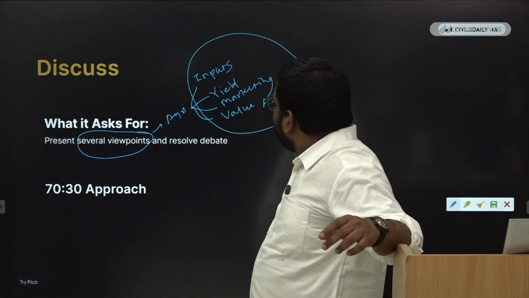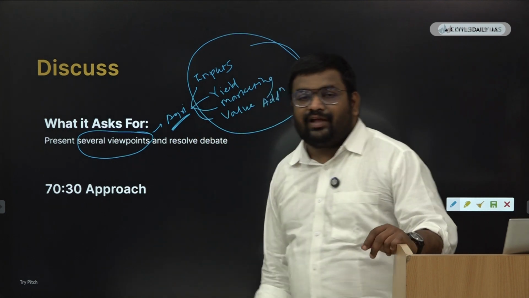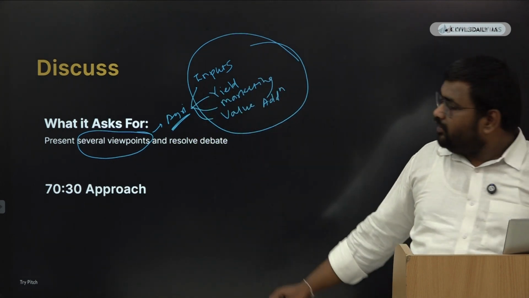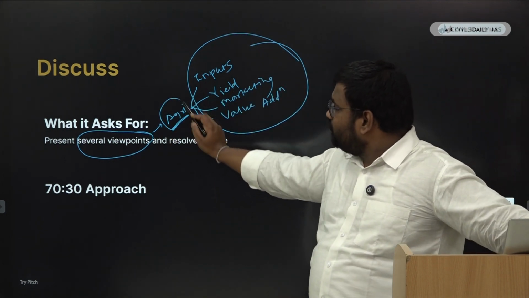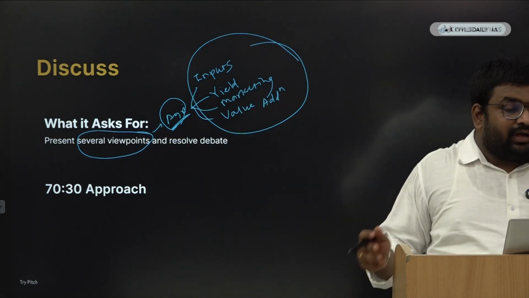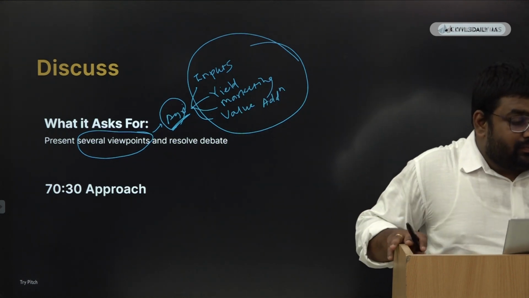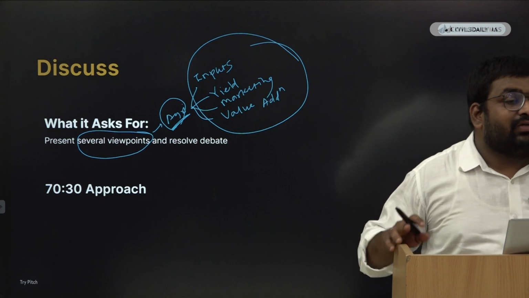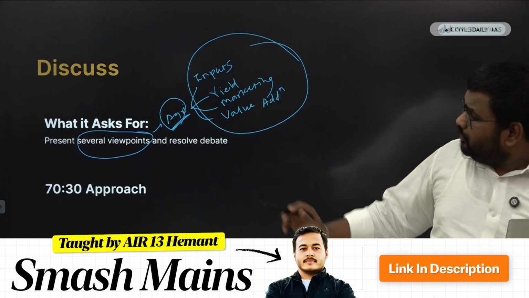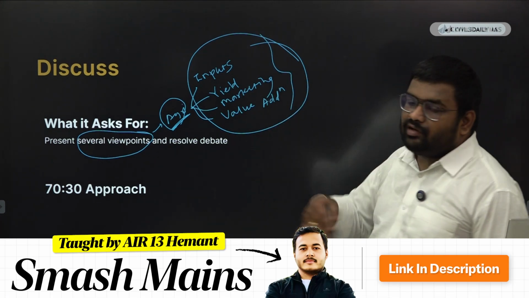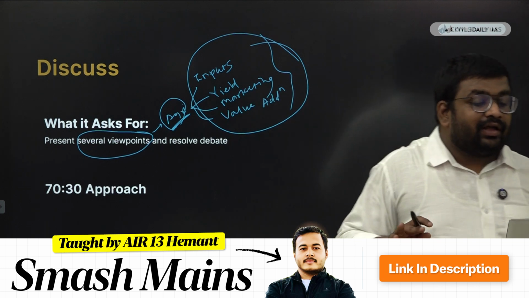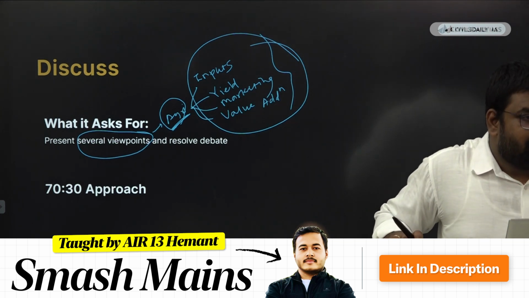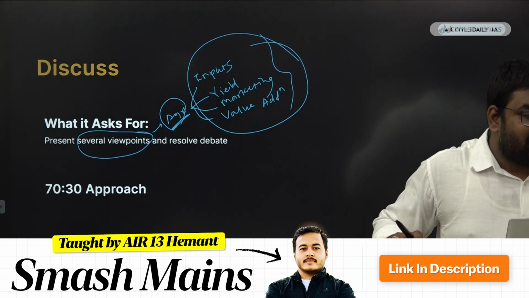This is the multidimensional perspective within agriculture. So the different dimensions of agriculture, that is input, yield, monitoring, marketing and value addition. In all those dimensions of agriculture, how ChatGPT and AI can play a role. That was the meaning of discuss.